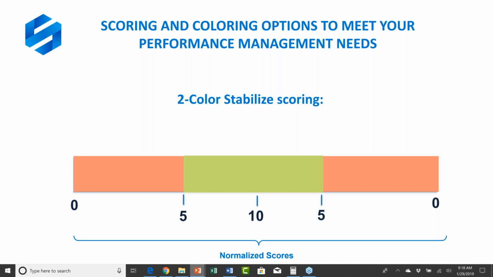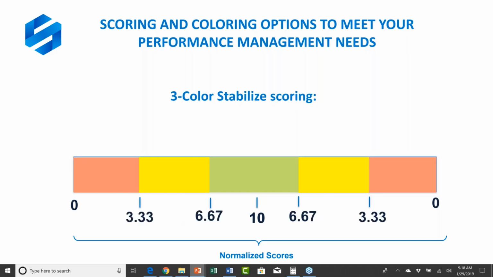So the idea here is that that's just an introduction to some of your choices within Scoreboard. Oh, and you can also get even a little more detailed with the stabilized scoring approach to say not only red but also yellow and green around, again, that idealized centralized value, which would be associated with the normalized 10.